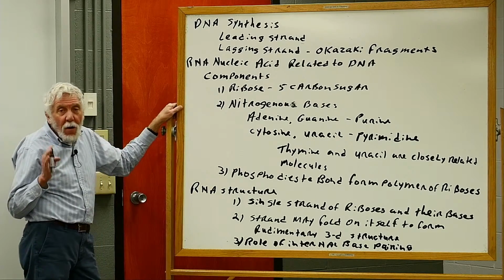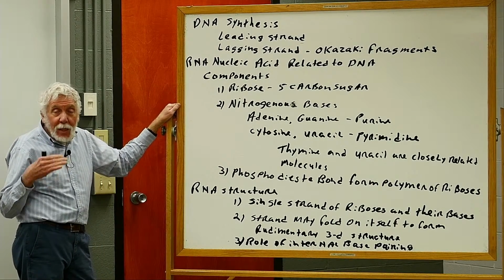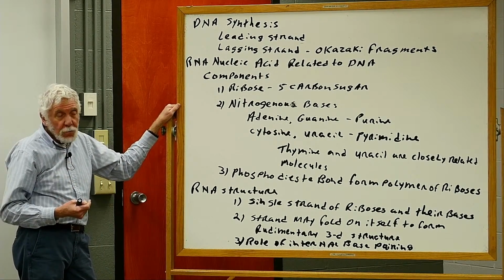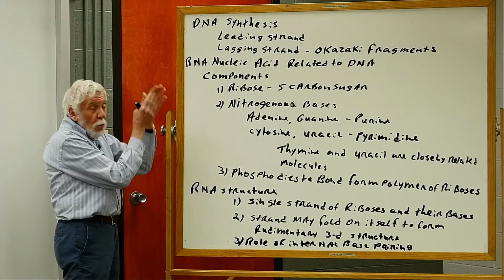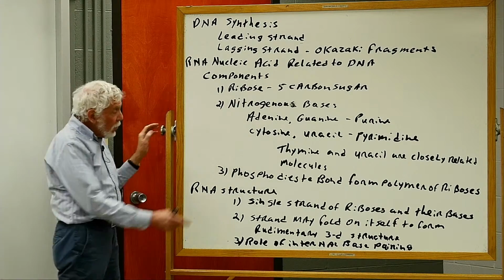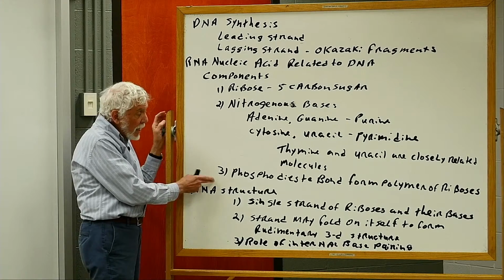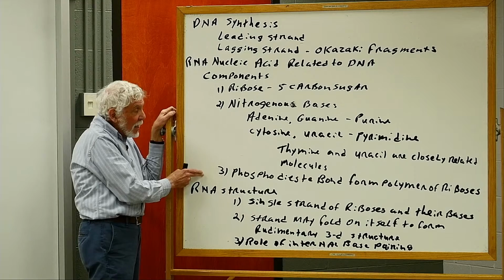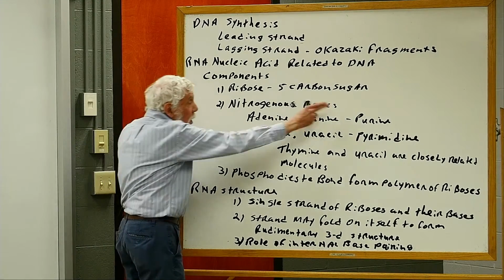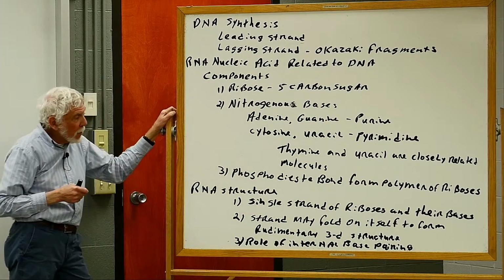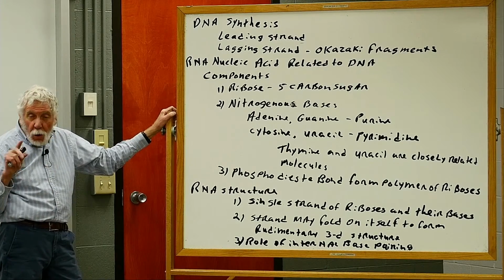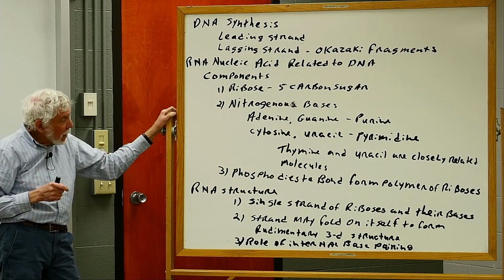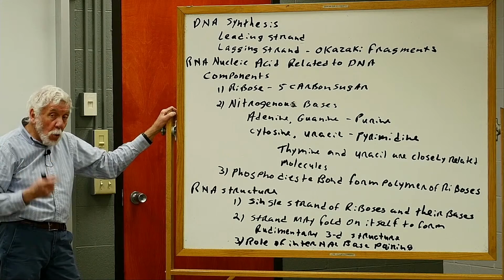We're going to form phosphodiester bonds between adjacent ribose molecules. So we can make this great long polymer of ribose molecules, and each of those ribose molecules, as we saw yesterday for the DNA, at the number 1 position, will have one of these 4 bases attached. So the story runs in parallel with only subtle differences. But the subtle differences become important.